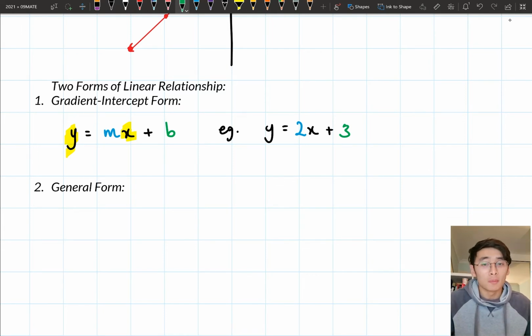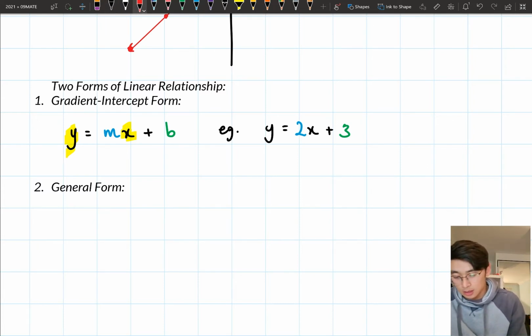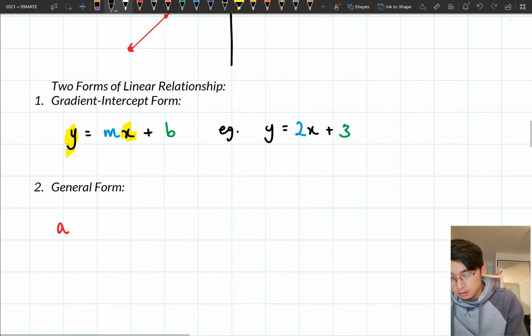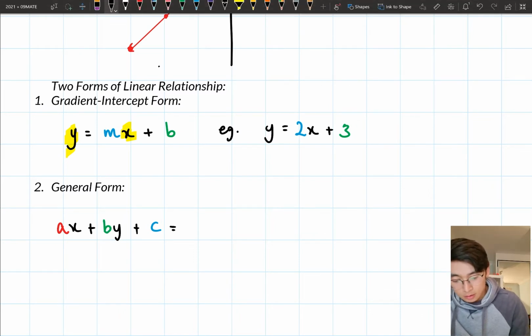The other form we can have a linear relationship in is called the general form. And how the general form works is it looks like this. ax + by + c = 0.